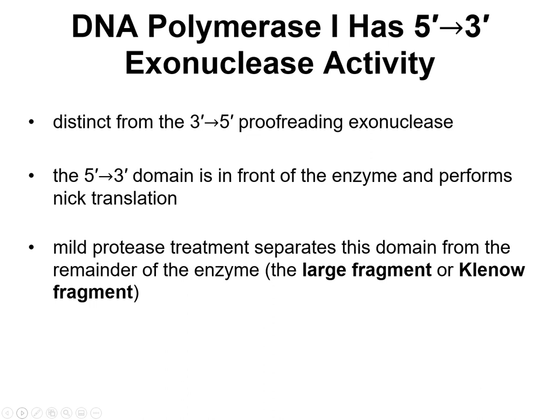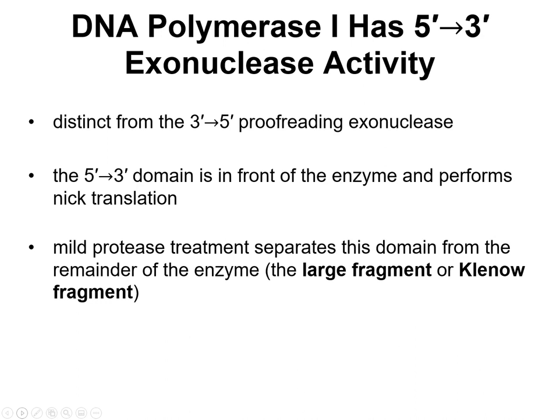So pol 1 has 5' to 3' exonuclease activity, which is different from 3' to 5'. We're talking about 2 different directions. 5' to 3' is the front end of the enzyme, and it does nick translation. We'll talk about what nicks are in a second.